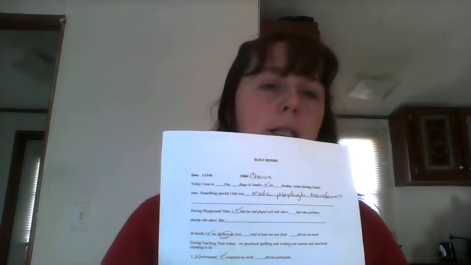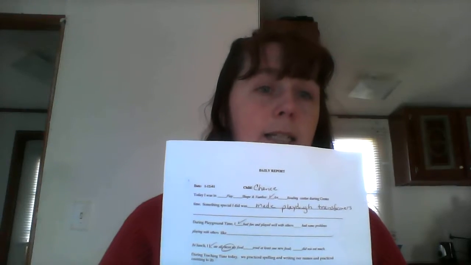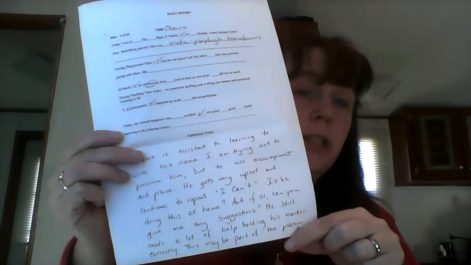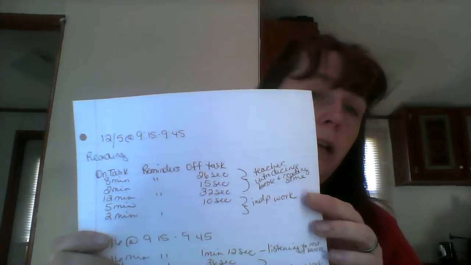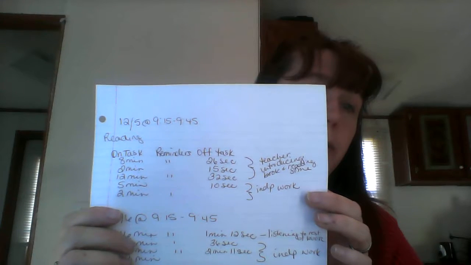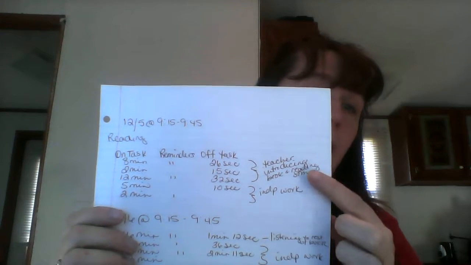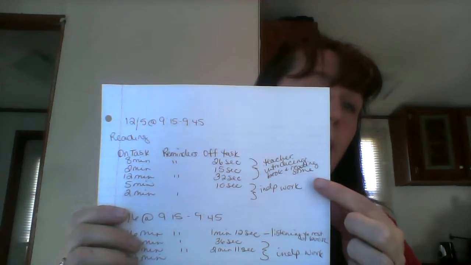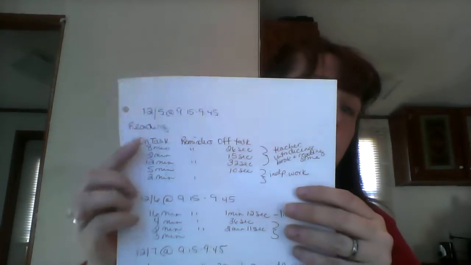It can also be a daily report stating what the child did and did not do very well and what they had learned, with a little summary at the bottom. It can be more specific, as with this child. It was keeping the on-task and off-task behaviors, the reminders, and what the observations were and why they think it happened. They're dated and the time was kept for each child.